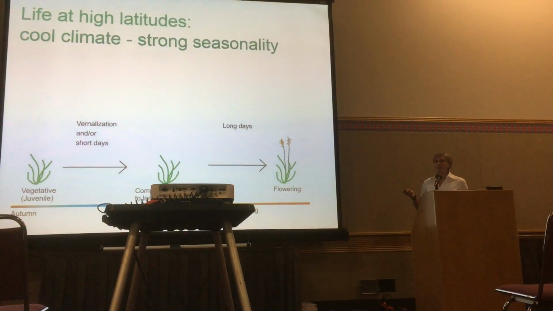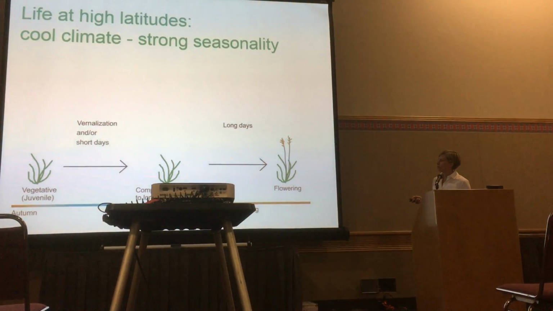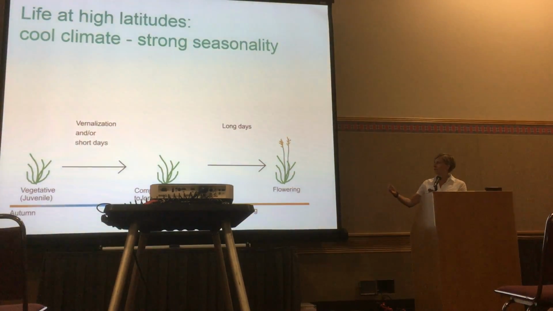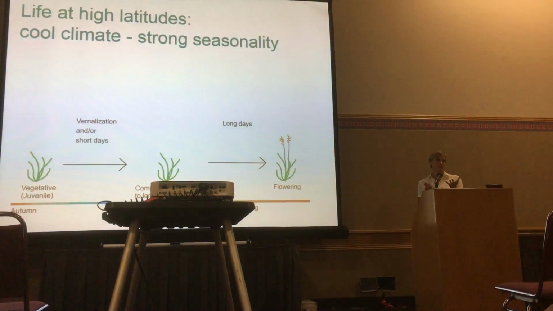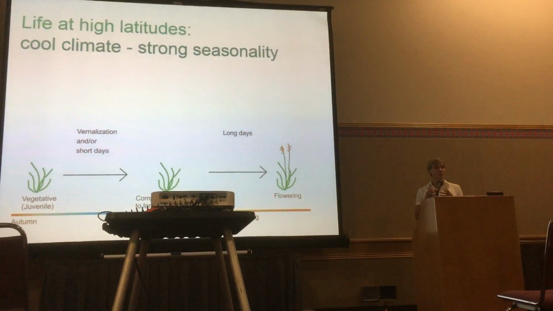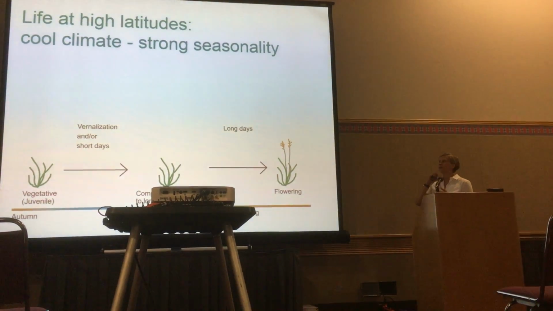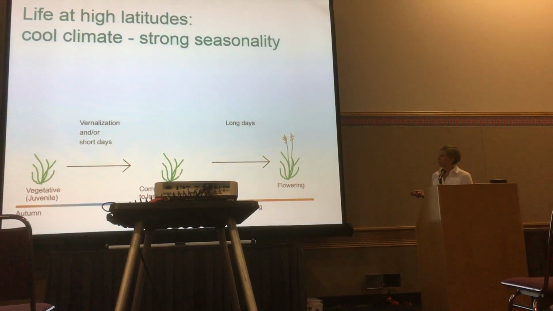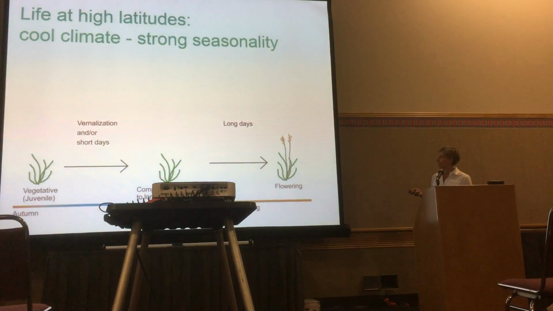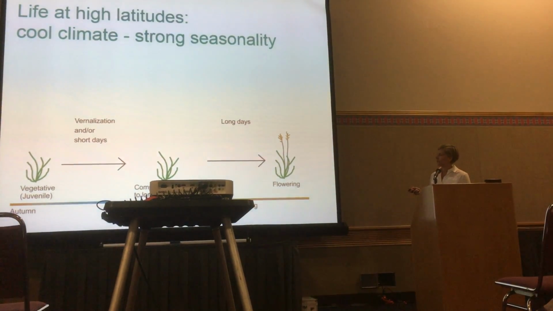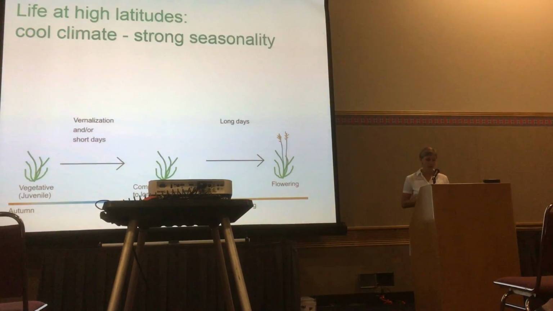When they pass the winter, they prepare to flower. Of course, they can't flower until it's safe to flower in the spring, after the period where they can experience late spring frost, because the flowers are very sensitive to frost. So we say that after vernalization they are competent to respond to long days. And then when the days are long enough, they will actually go into flowering.